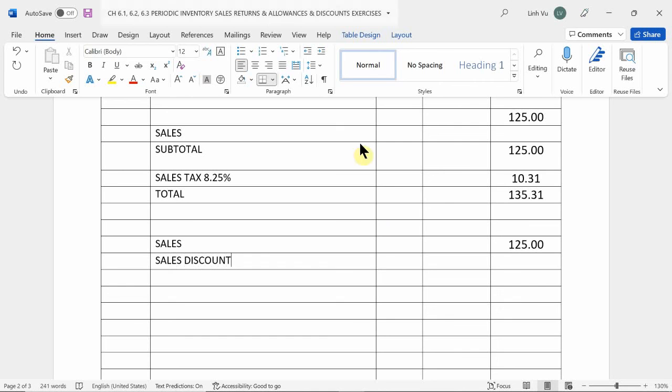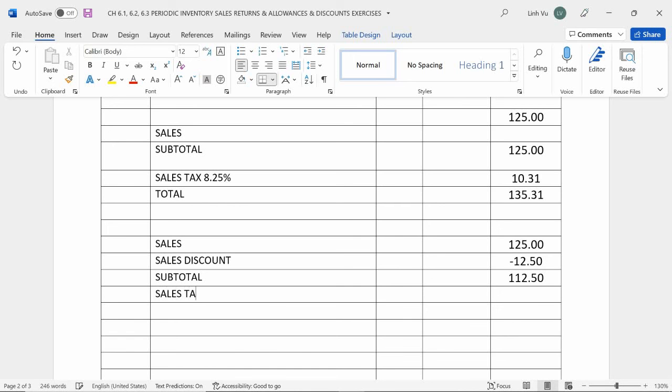The sales discount was 10% of this, so it's going to subtract $12.50. Then it's going to give you your subtotal of 112.50.